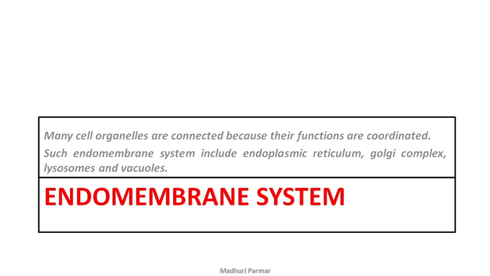So inside the cell membrane, endomembrane, there is a system, which now you will be able to understand why we call it endomembrane system. It includes endoplasmic reticulum, Golgi complex, lysosomes, and vacuoles. So these four organelles are interconnected. They rely on each other for their functioning.